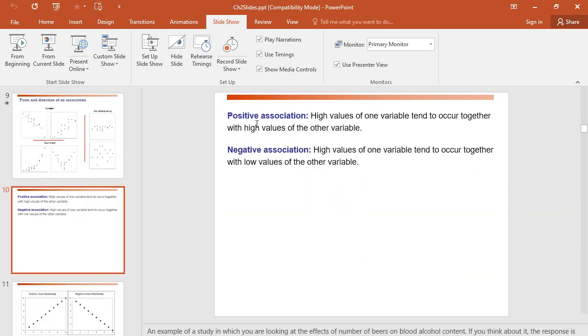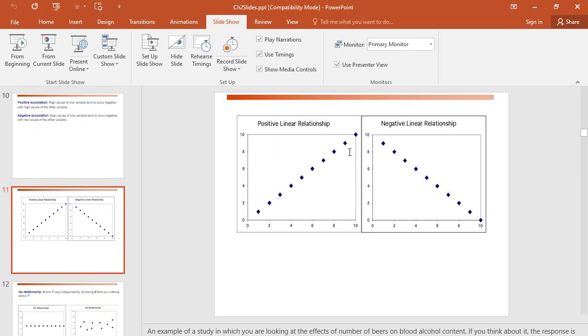So like I said, positive association between two quantitative variables would mean that high values of one variable tend to occur together with high values of the other, and negative association or relationship would mean that high values of one variable tend to occur together with low values of the other variable. So here are two examples of perfect linear relationships.